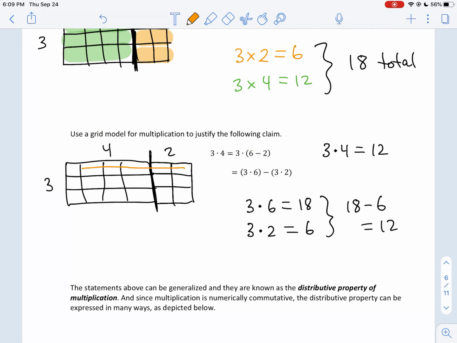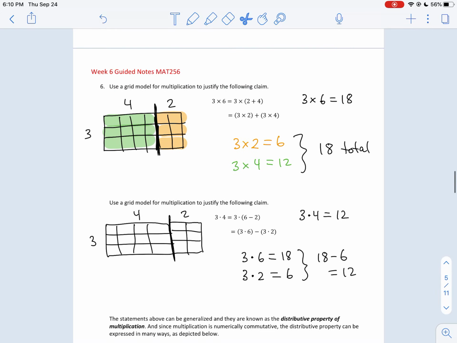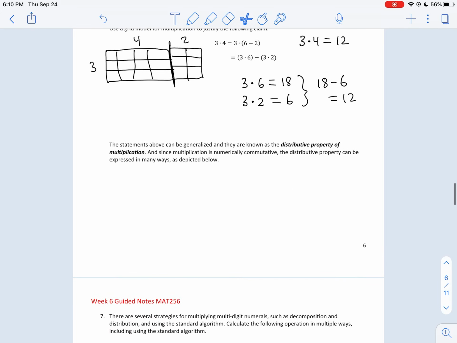All right, so I started with this 18, and then I removed this 3 times 2. This portion of the block got removed. Gone. And that leaves what's left here, just 3 times 4, which is 12. Okay, so the statements above can be generalized, and they are known as the distributive property of multiplication.